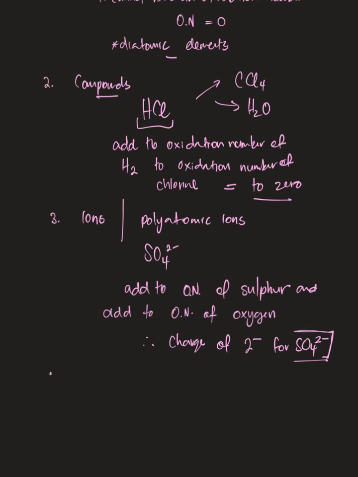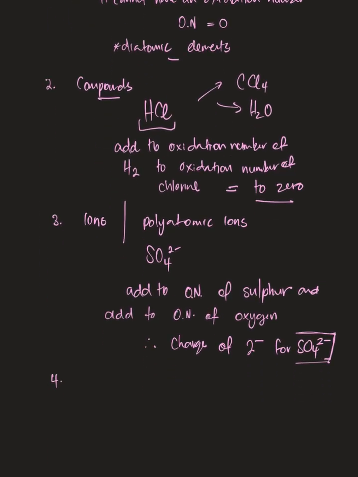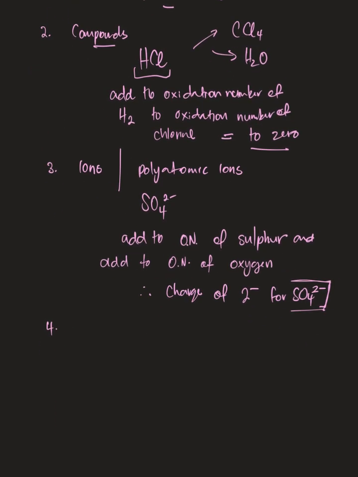Number 4 says the oxidation number of fluorine is -1, except in F2 where it's 0. So you focus on rule number 1. Can you see rule number 1 takes priority over rule number 4? For example, if I had hydrogen fluoride versus F2, then the oxidation number here is equal to 0.